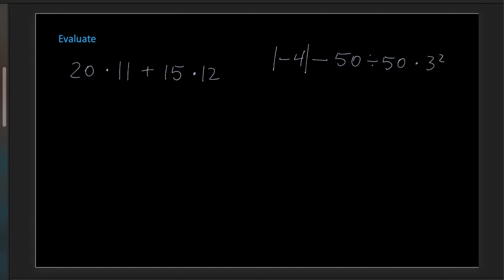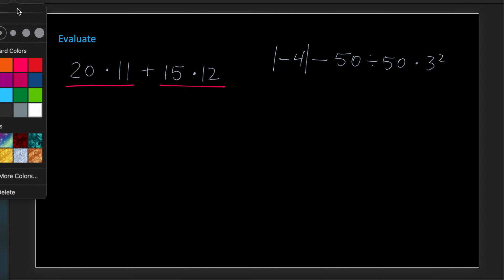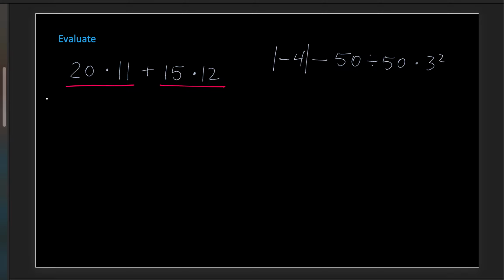So here are some first examples, which you'll see in your work. Evaluate 20 times 11 plus 15 times 12. Can you see what we have to do first? A lot of times I'll underline this for myself. I have to do the multiplications first. We can do both of them at the same time in this step because they don't affect each other. But usually you want to do one thing at a time.